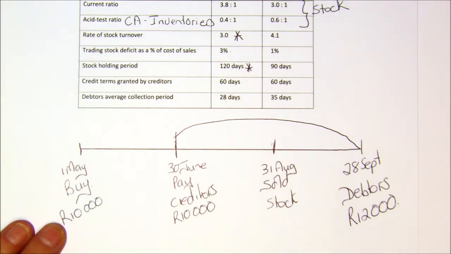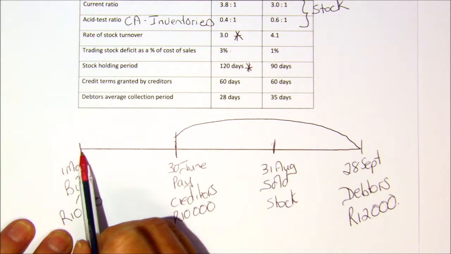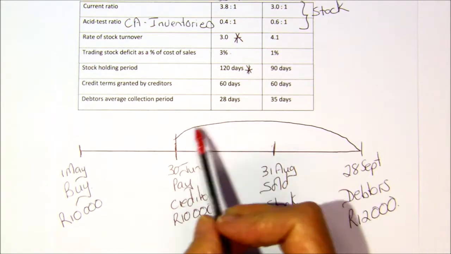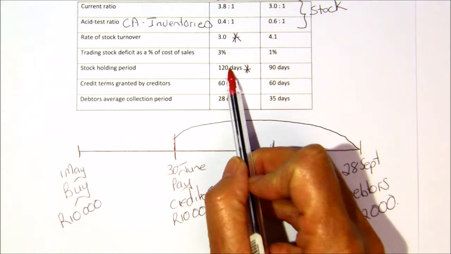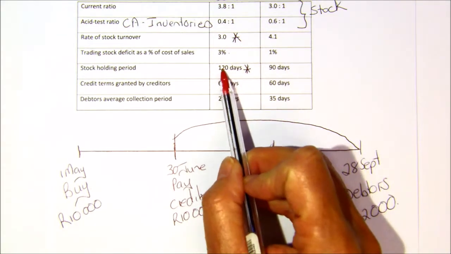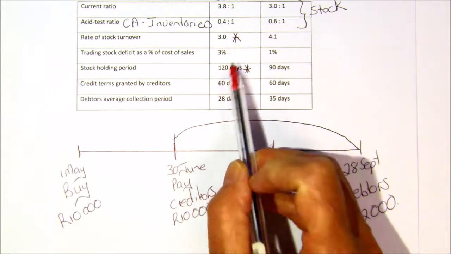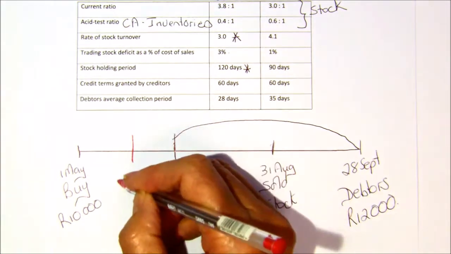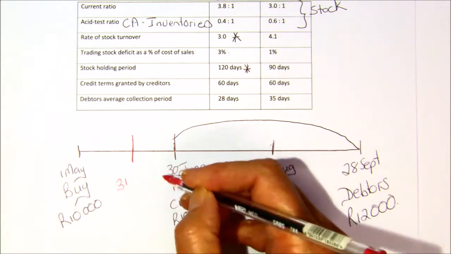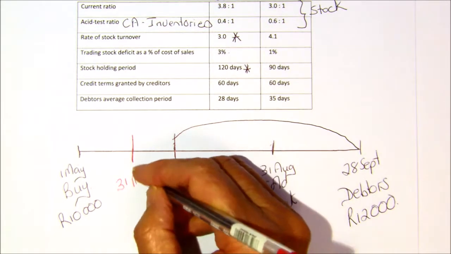Now, really what we should be getting is, I'm going to take the 1st of May as well. My debtors, let's say, pay in 28 days. But the stock, let's say I sell the stock in 30 days. So if I buy it the 1st of May, and I'm writing in red now for another assumption, and I'm trying to say this would be the best.